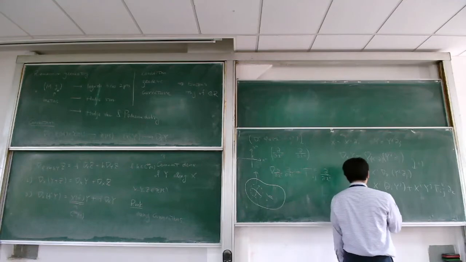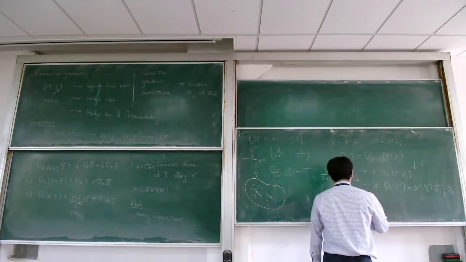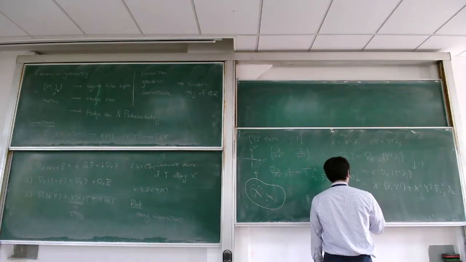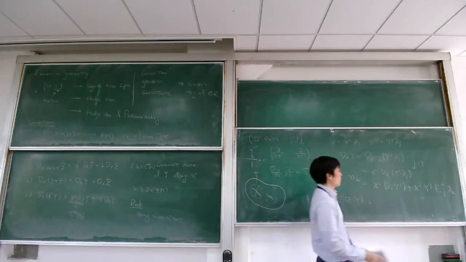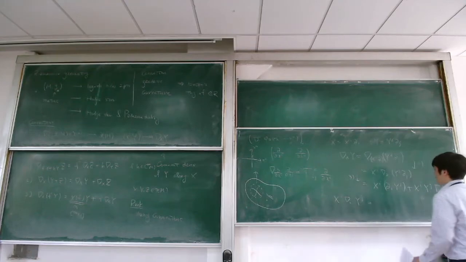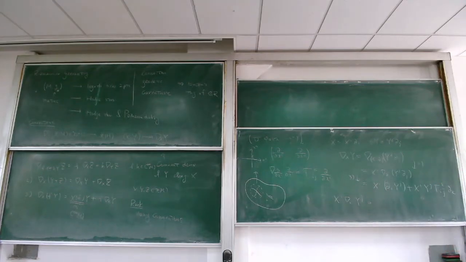In GR people use this; I should write the i and j maybe. So that is equal to this. Oh, I think I made a mistake. The first term should add partial j.